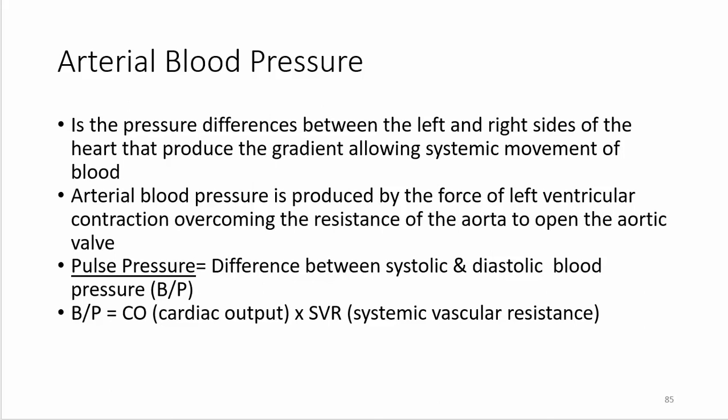And it really is the difference between the pressure in the left ventricle at systole and in the right atrium. Now, we can say that pulmonary blood pressure is the difference between the right ventricle in systole and the left atrium. Same deal. But for arterial blood pressure, left ventricle systole to right atrium filling.